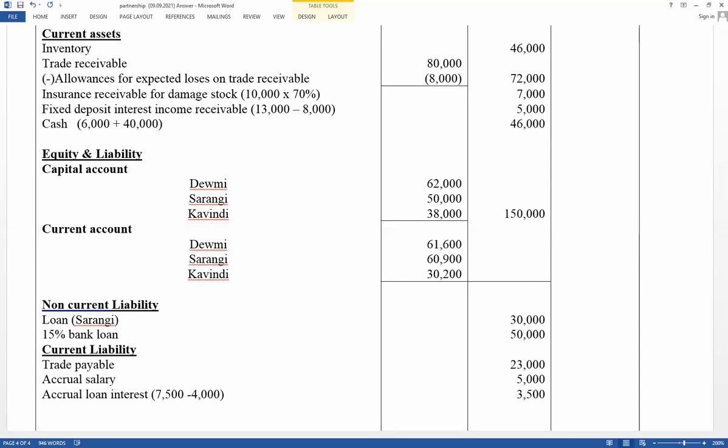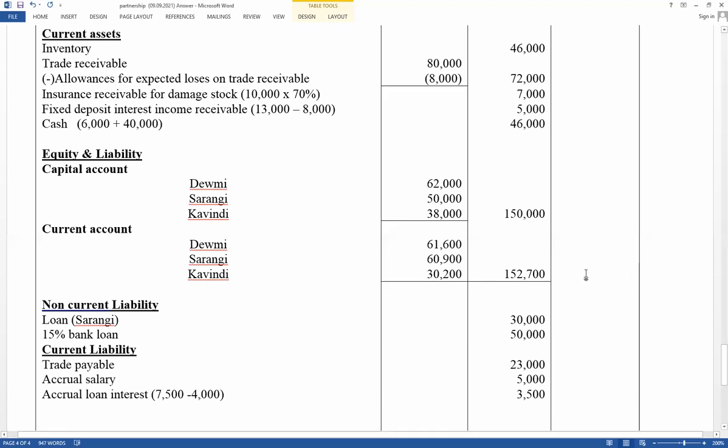Take current account total value. Now try to balance. Current account total value equals 152,700. Then take total equity, last column. Total equity equals 302,700.